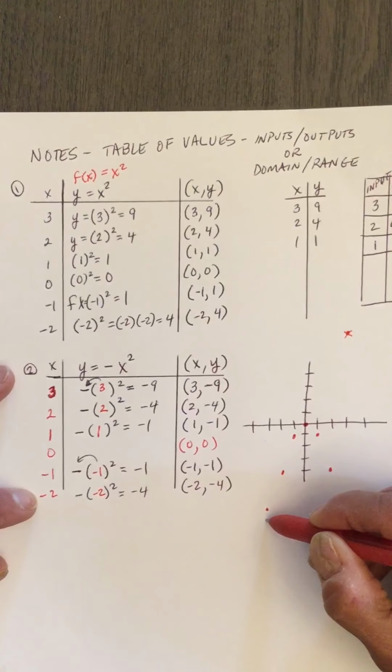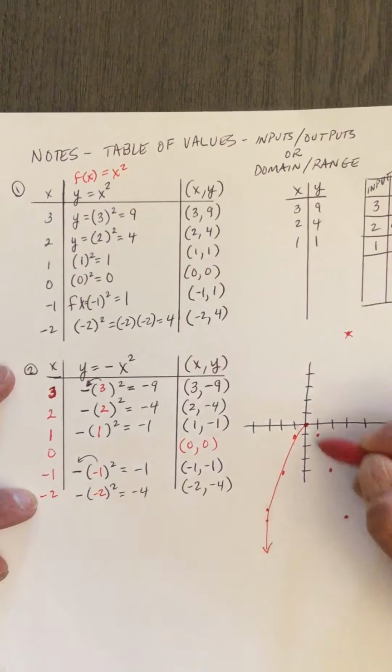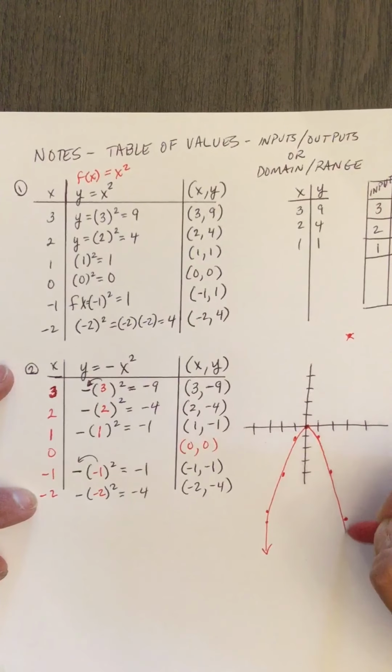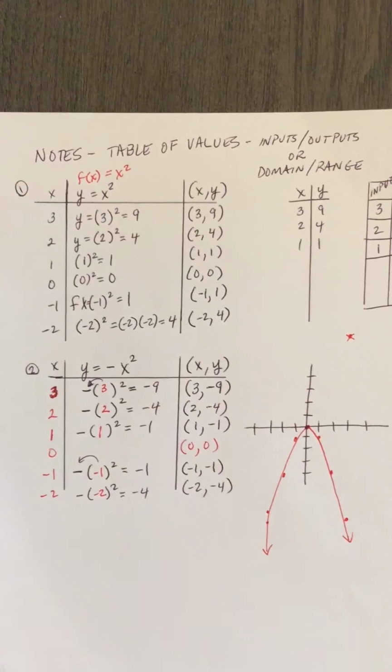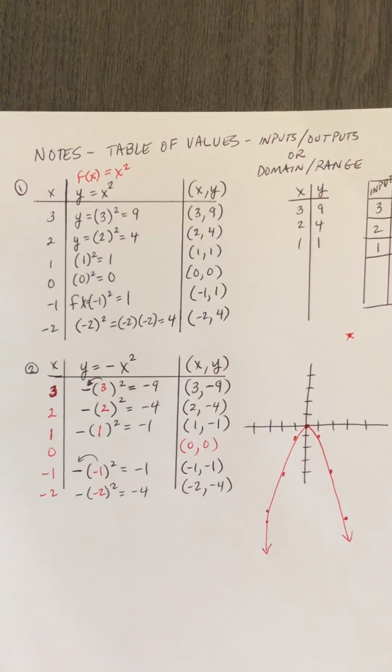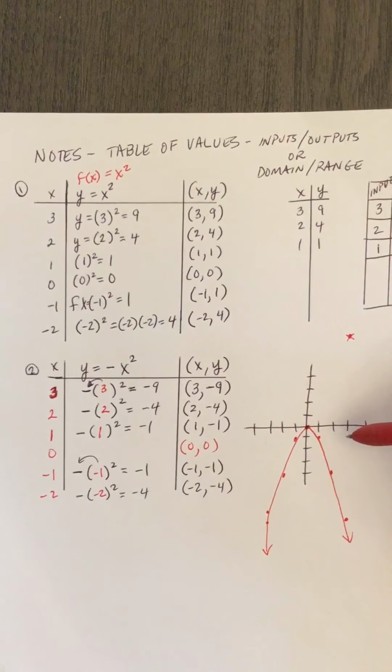Oops, that's probably down about there. It looks like this, right? So you guys can see that eventually what we're going to do is we're going to graph this to look like this. Okay?